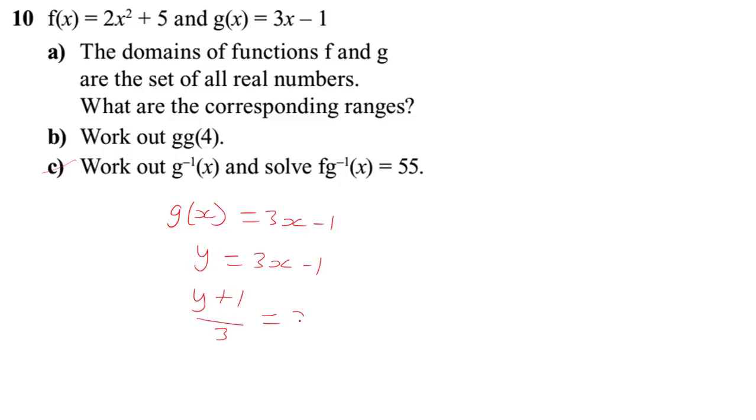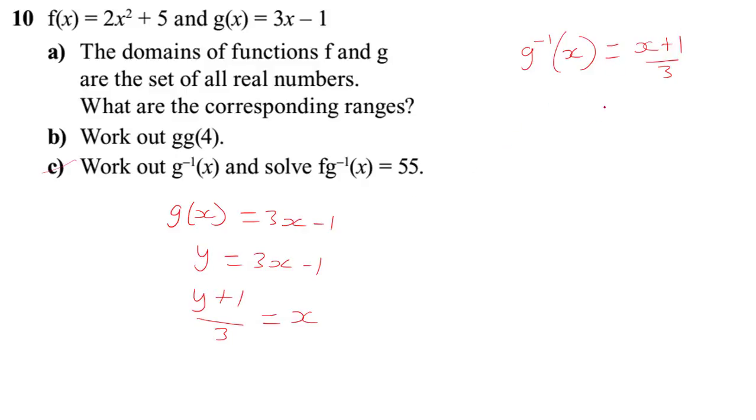That should give me x. Then the next thing is to make x become the inverse. So the inverse of g of x is always equal to y plus 1, where y is x, and then that's 1, all divided by 3. So this one here becomes x in the inverse function.